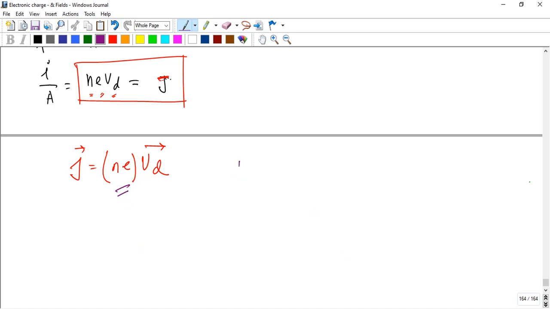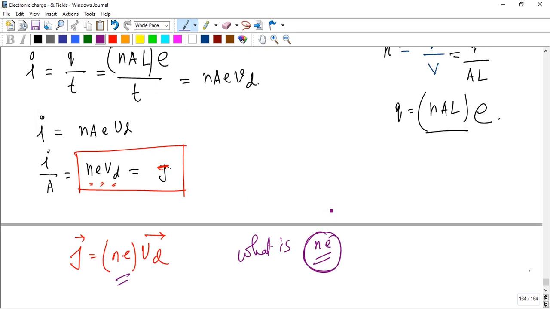From the equation, Q over AL equals NE, where Q is the charge and AL is the volume. So NE is charge per volume, coulomb per meter cube.